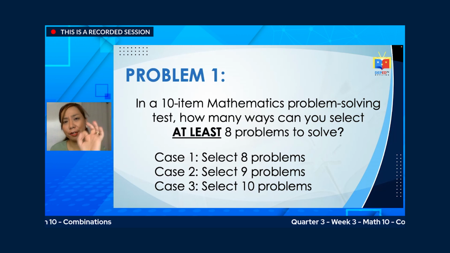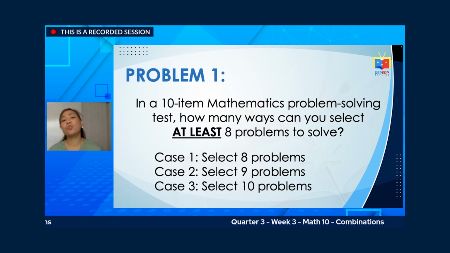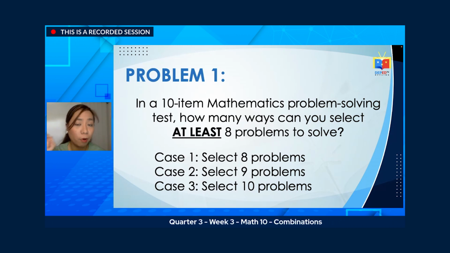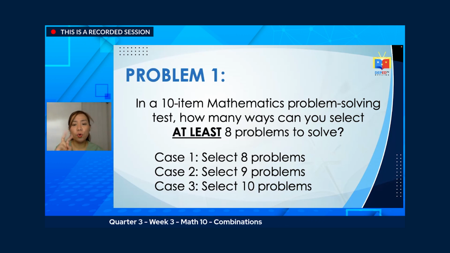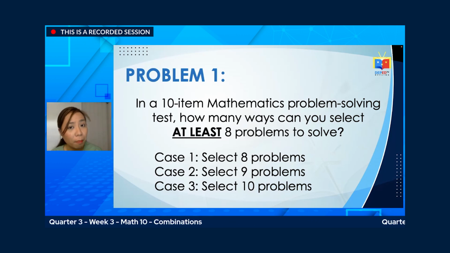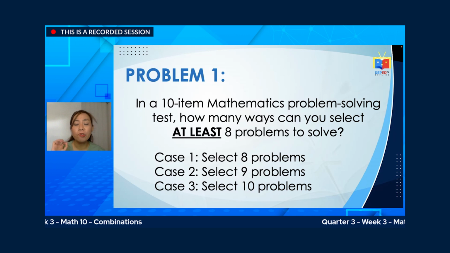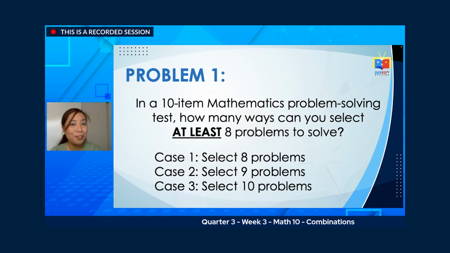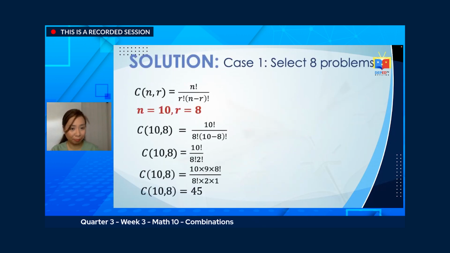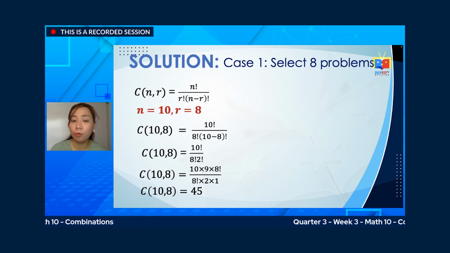So we have here 3 cases. Case 1 is to select 8 problems. Case 2 is to select 9 problems. And case 3 to select 10 problems. With these cases, you have to solve them all and add together to get the sum. So for case number 1, our r is equal to 8.